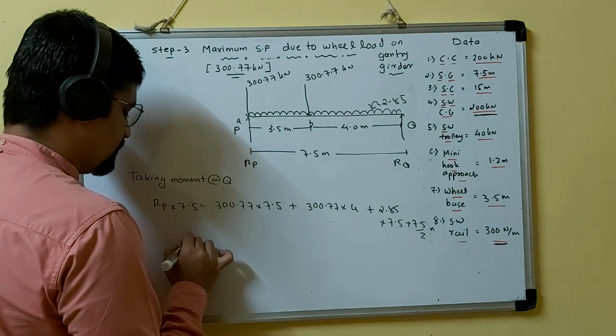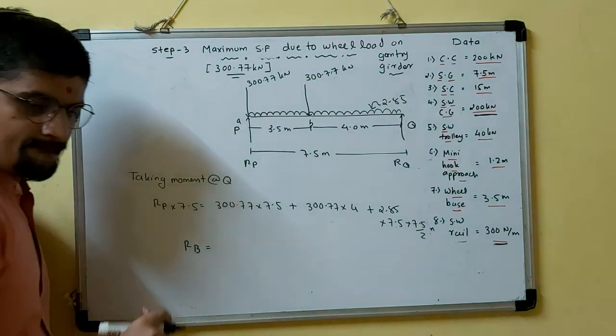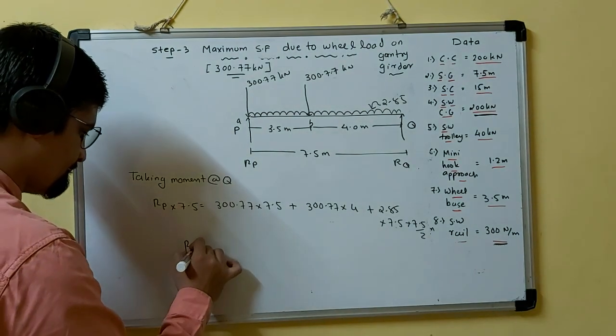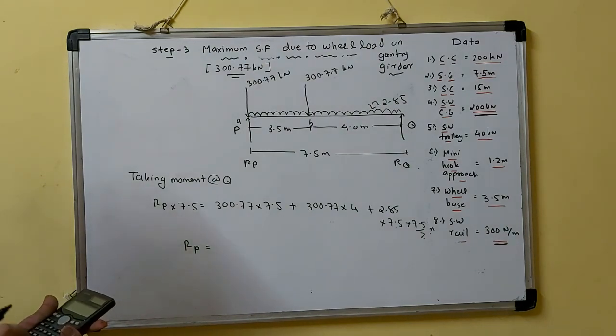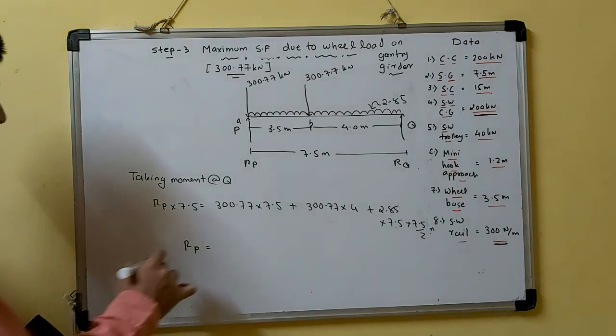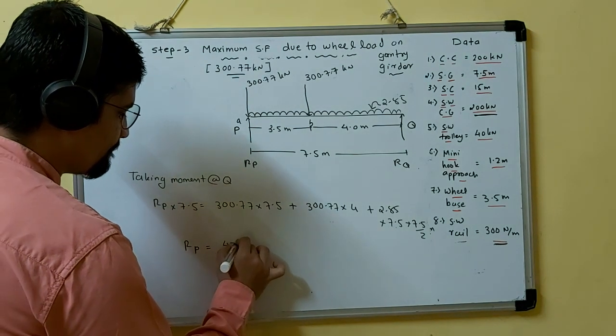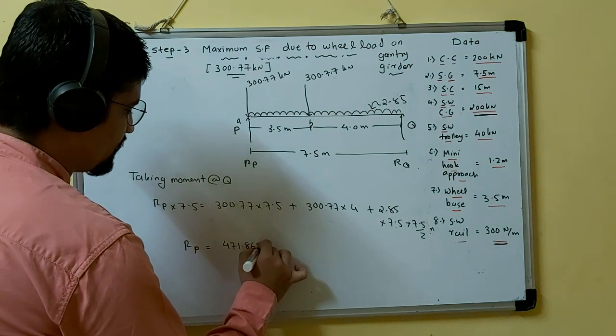So what is the value of RP? It is 471.868 kilonewton.